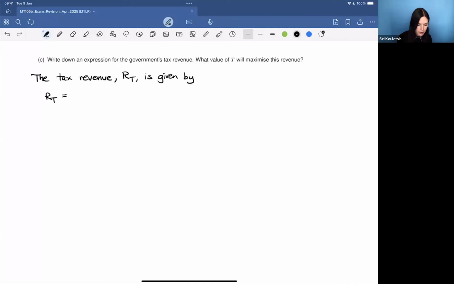So what is R(T)? Obviously, R(T) here is a function of T. It's T times the equilibrium quantity in the presence of tax.